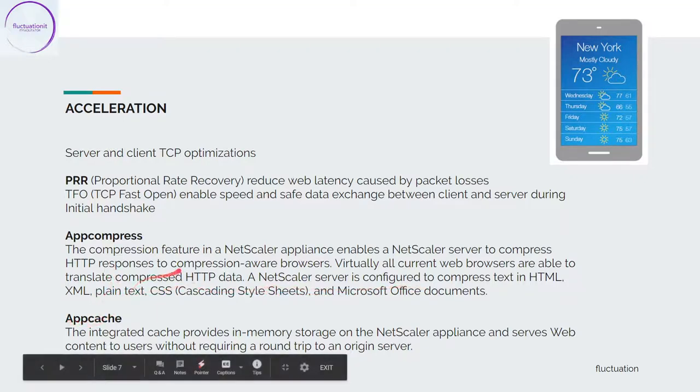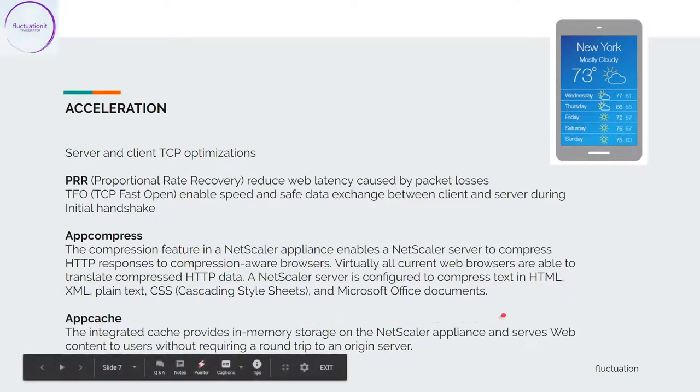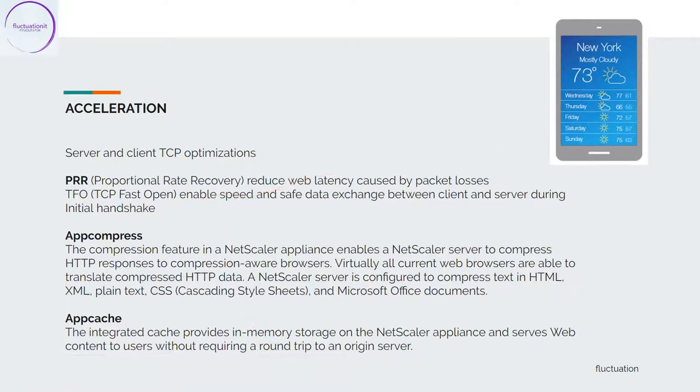After, you have AppCache. AppCache is a cache, so the Netscaler provides in-memory storage in the appliance to serve content without requiring a round trip to the origin server. This is like cache. Cache, you are using that every day. So Netscaler can do cache also, of course.